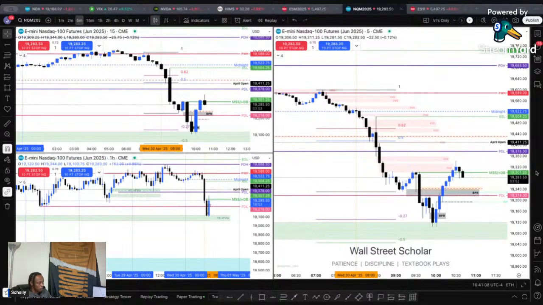ES respected. They respecting that 15-minute order block right now. And we got equal lows on the 5. Even if they start coming down before we take out the low, we got to get through that 15-minute BPR.